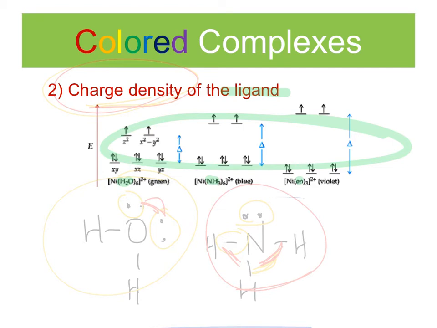So when you have this increased charge density in the ammonia, you're going to see a greater splitting in the d orbital. So you see that the ground state and excited state of these d energy levels are way further split than between the two sets of d orbitals in the water. That water has less charge density, and so the d orbitals are not split as greatly.